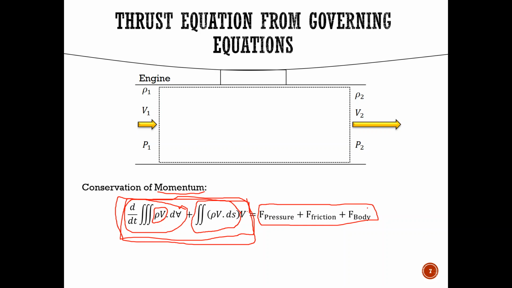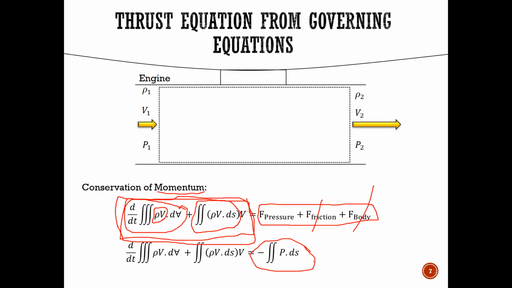Okay. Now, thinking about all the different forces that can affect the motion of a fluid, you've got pressure, friction, and body forces, right? Now, let's just assume for now there's no friction and there's no body force. Let's just consider the pressure alone, and we can represent this pressure force as minus pressure P times dot dS.